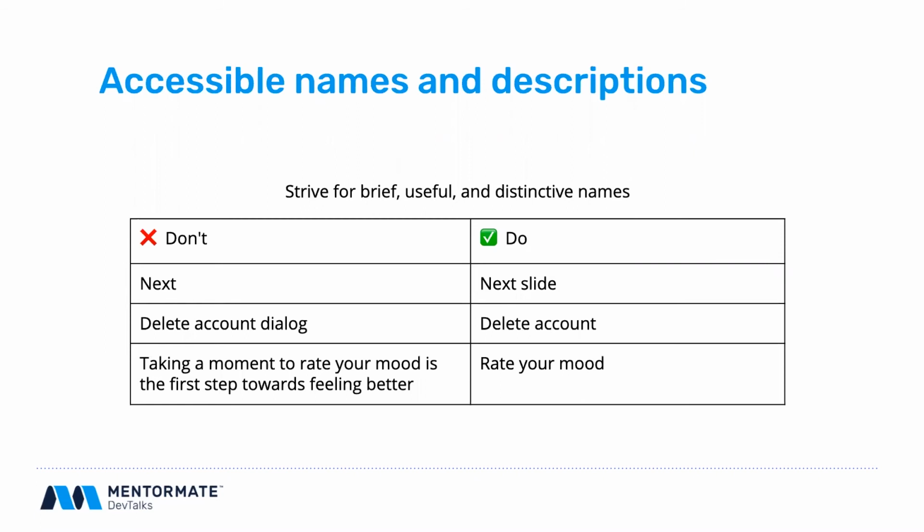Some screen readers would skip it if they see that it's too obtrusive, but you shouldn't rely on that. And you can place that long text not in the label, but in the described by attribute, and just put a shorter label like rate your move.